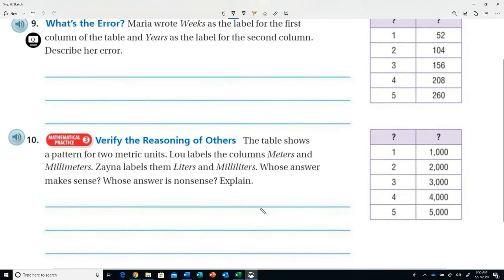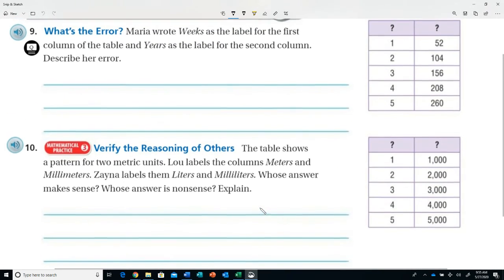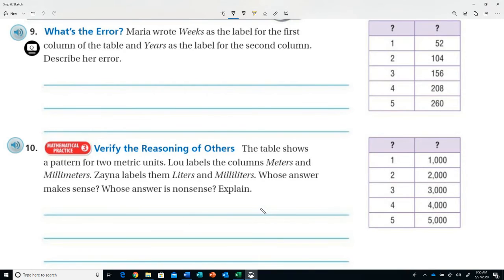Maria wrote weeks as the label for the first column of the table and years as the second column. The second column described her error. So she said this was weeks and this was years. So she was saying that 1 week equals 52 years. That is not correct. But she's on the right track though.